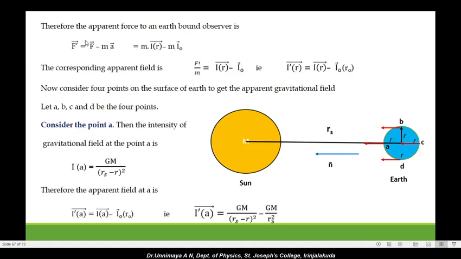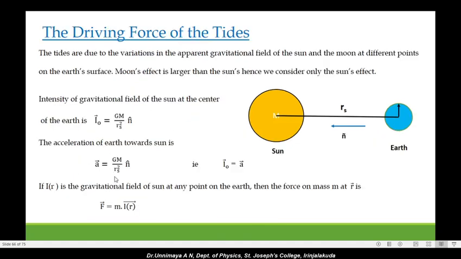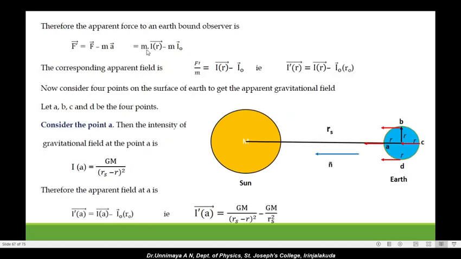Now substitute for F and ma: F is equal to m into I of r, minus m into a, where a is I0. So we replace F with m into I of r minus m into I0.